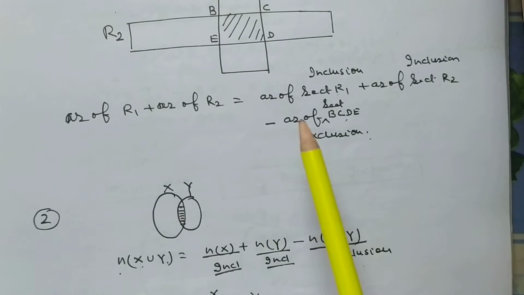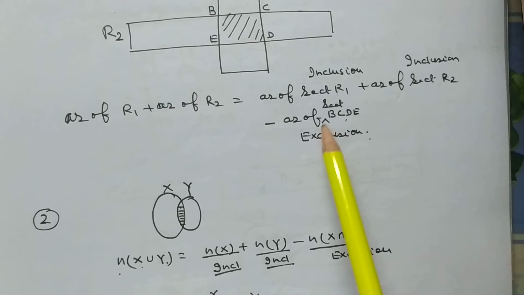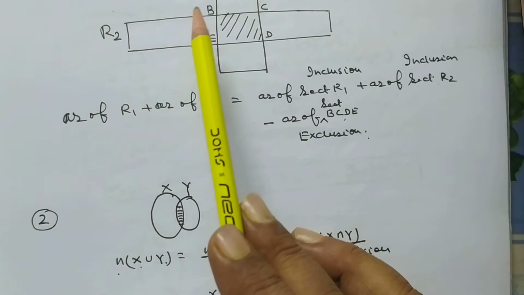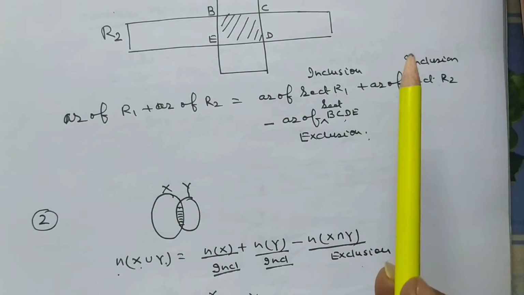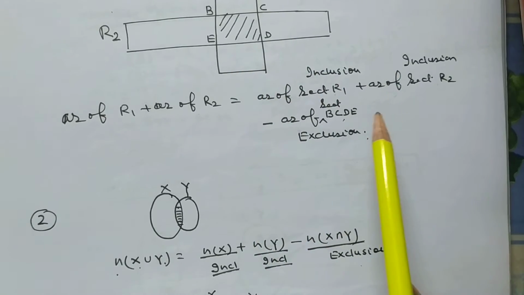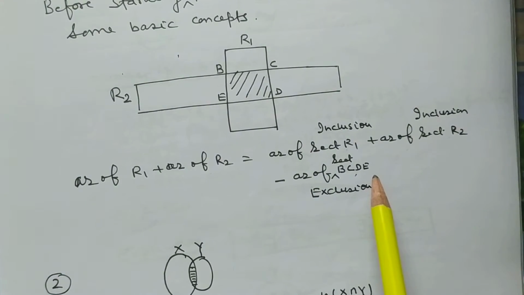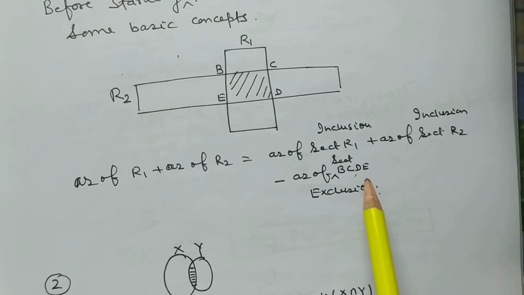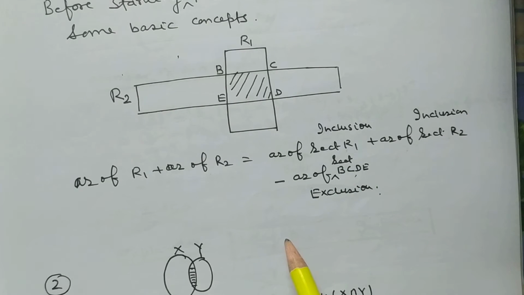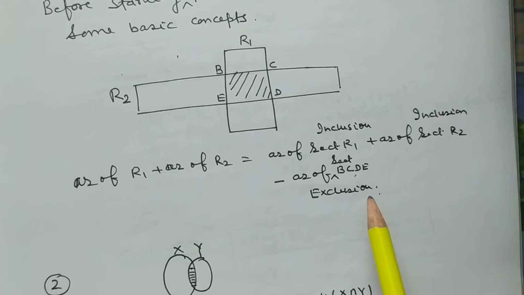But what do we observe? We observe that the area of rectangle BCD comes 2 times. So we subtract it, and this is known as exclusion here. We exclude it because it comes 2 times.